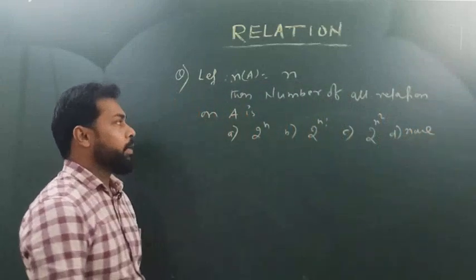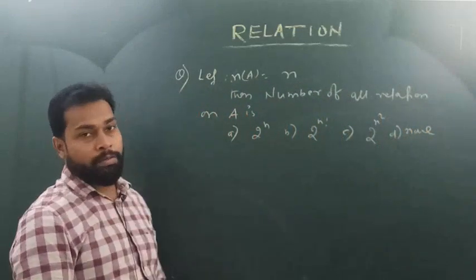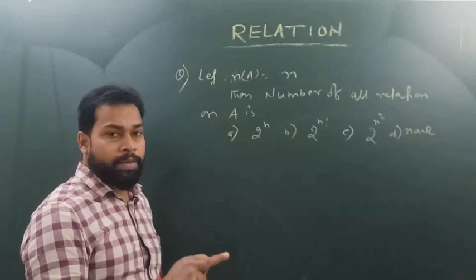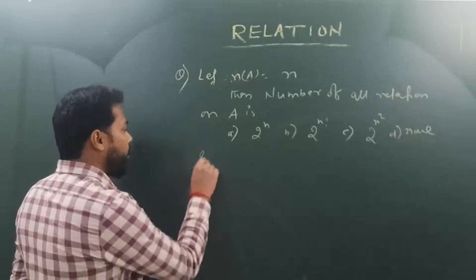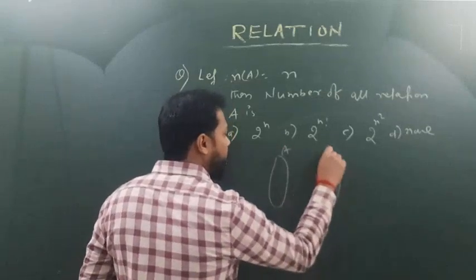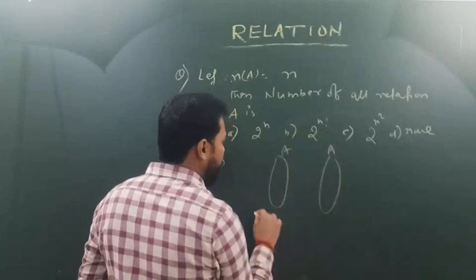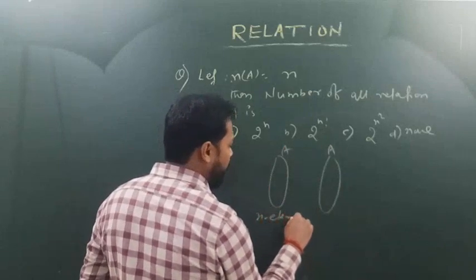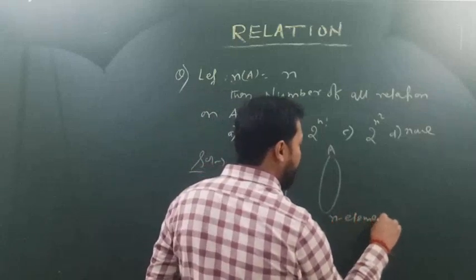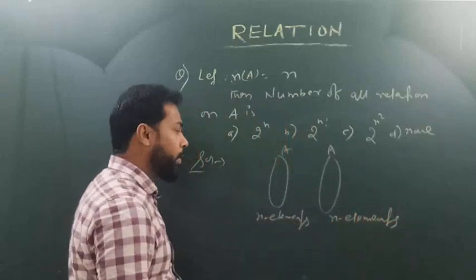What do we have to find out here? The number of all relations on set A. Here the relation is from A to A only. Here we have n elements, and here also we have n elements, because both are the same.